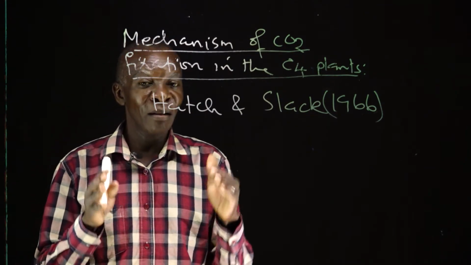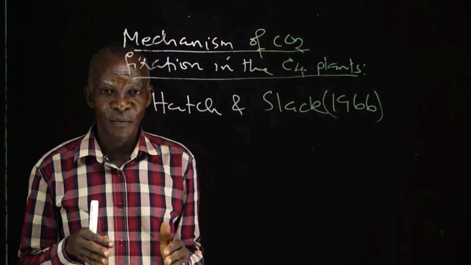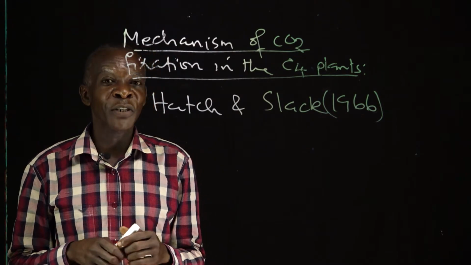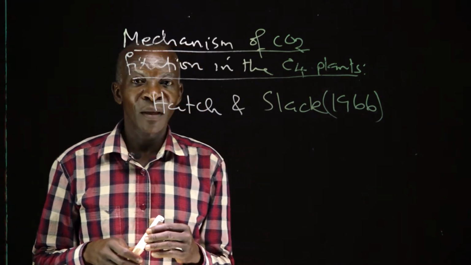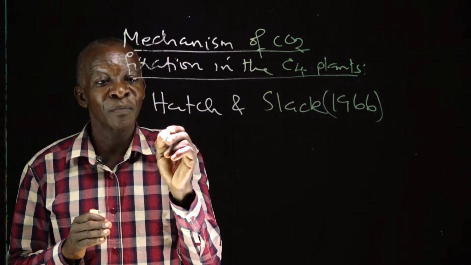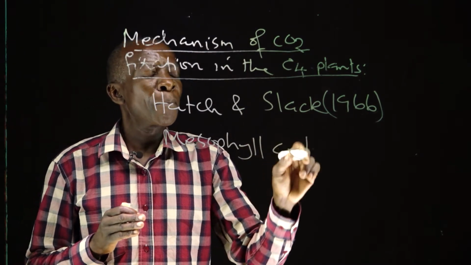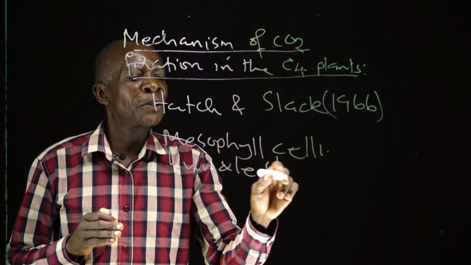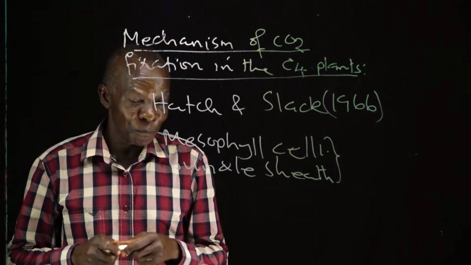Can you remember the parts where carbon dioxide is fixed? Definitely you can. First, carbon dioxide is fixed in the mesophyll cells, but secondly, it is fixed in the bundle sheath cells. These are cells in the leaves.